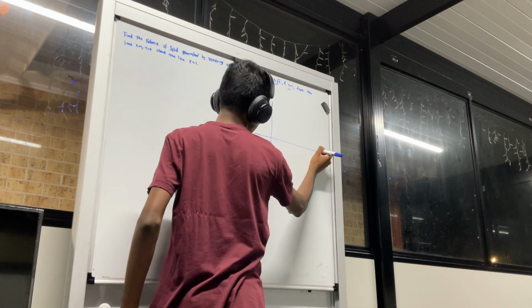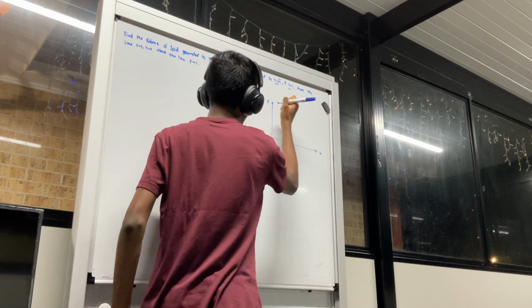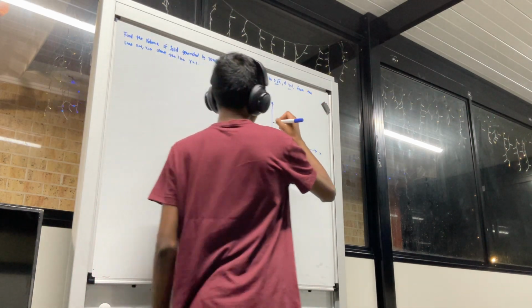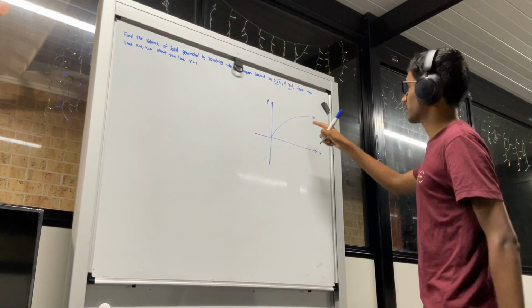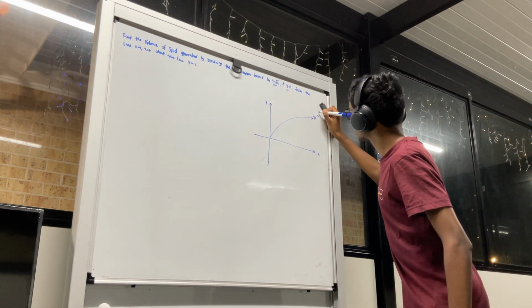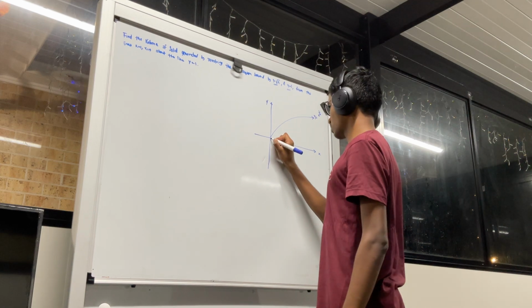Let's make it big. X, y. Okay? And then y equals square root x. Do you know how that looks? Easy, guys. That's y equals x to the half. Okay? And I guess we can do the same thing here.